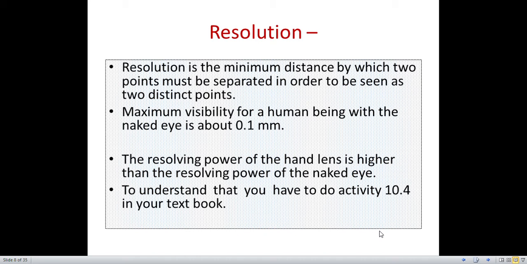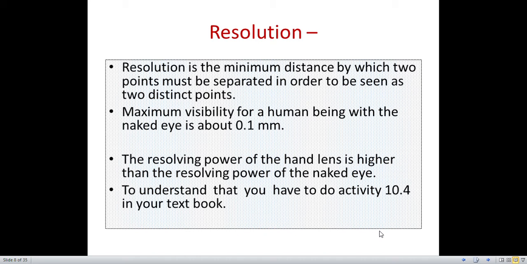You will observe that the respective image is composed of a large number of small dots seen by the naked eye. You will see these dots very clearly with a hand lens. Now you will realize that the resolving power of the hand lens is higher than the resolving power of the naked eye.